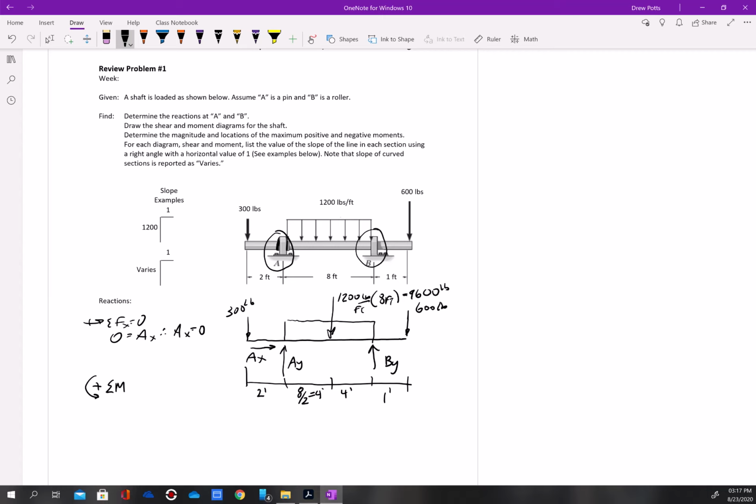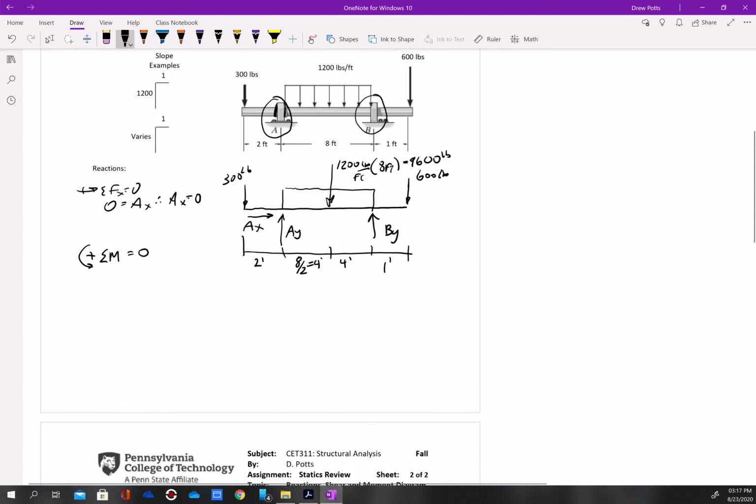So I'm going to sum moments equal to 0. Counterclockwise is positive. All right, and I'm going to have 0 equals 300 times 2, and again, this is going counterclockwise, so that means it's going to be positive.